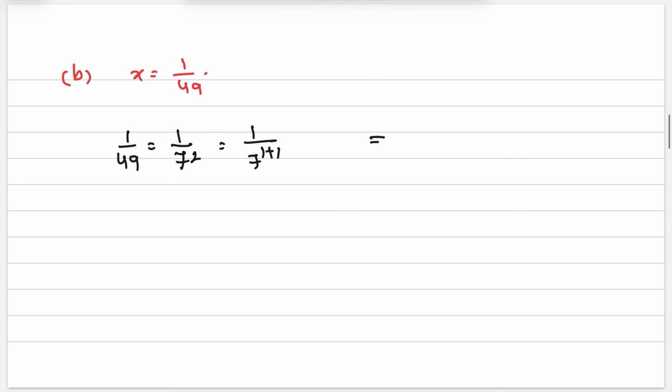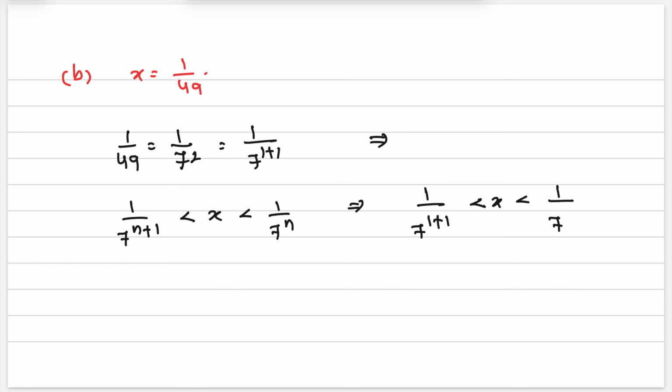From the problem itself, 1 by 7 to the power of n plus 1 is less than x is less than 1 by 7 to the power of n. That implies 1 by 7 to the power of 1 plus 1 is less than x is less than 1 by 7.